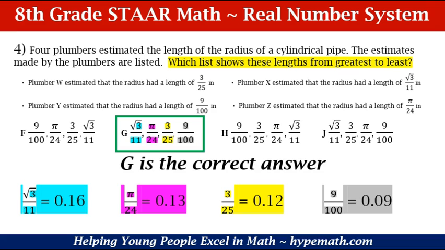Then pi/24, which is equal to 0.13. 3/25 is equal to 0.12. And lastly, 9/100 is equal to 0.09. This list is from greatest to least, okay? G is the correct answer. And that is it. Give yourself a pat on the back. You've made it through.